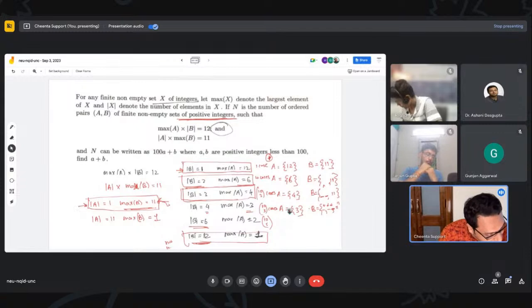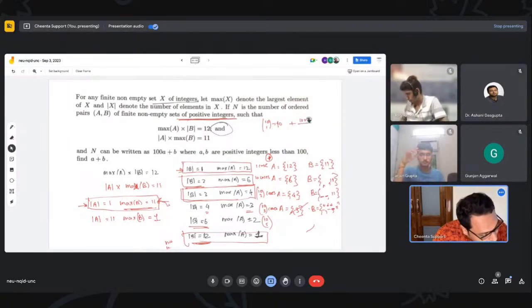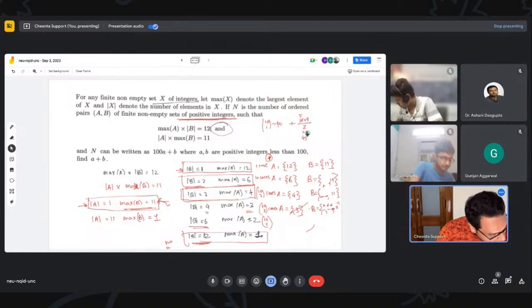So we have 10 choose 1, that is 10, plus 10 choose 2. 10 choose 2 is 10 times 9 by 2, that is 45. 10 choose 3 is actually 120.